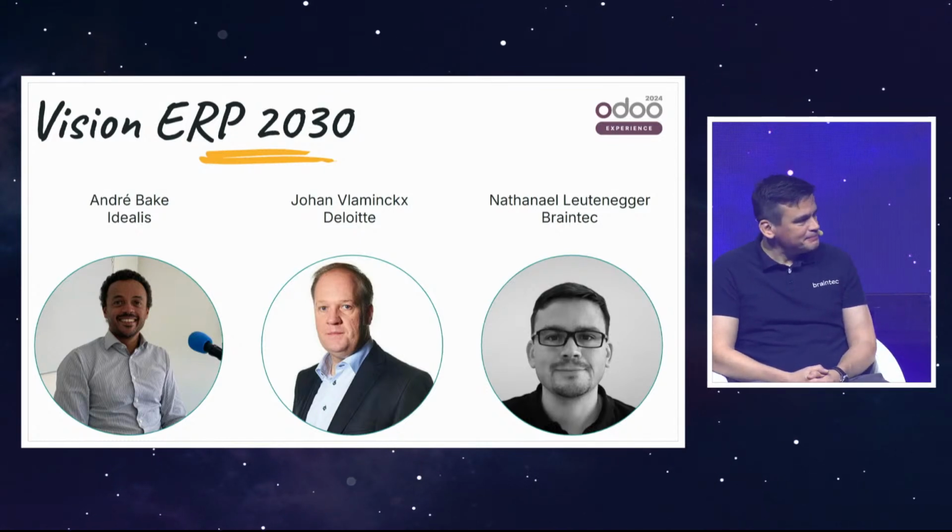I think the impact of AI, Fabien, from what we are seeing, we are only at the beginning. So, like you said, we still need to discover the possibilities. But the first thing, when I look at Odoo, I'm fully agreeing with André. To have an AI assistant in Odoo would be great.